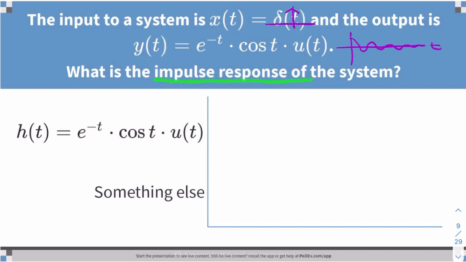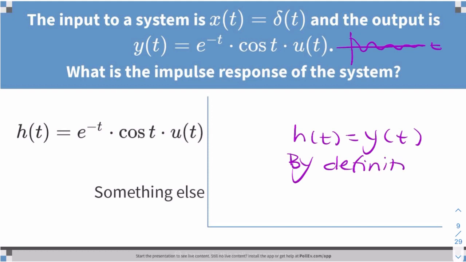What is the impulse response? Again, the impulse response, by definition, is the response, the output, when an impulse is at the input. And here the input is an impulse. We're told that the input is an impulse. So therefore, this is the impulse response. The impulse response is y of t, again, by definition.